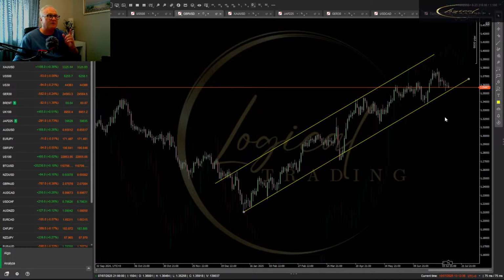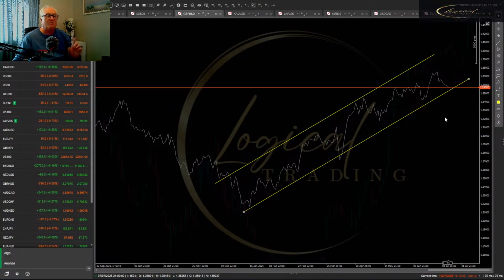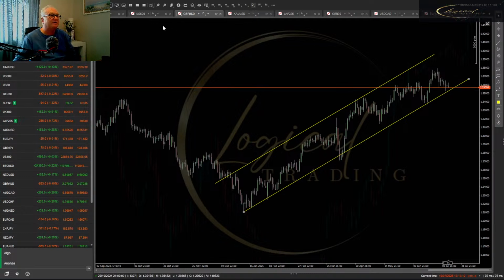But while we're on the day chart, we'll put it to a line chart and see if we've got anything here that gives us a bit of support, a nice support level for a bit of confluence. There's not really a lot here. The support's quite far away down the bottom here. It's not much higher up, and it's broken through the resistance, so it's above the resistance. So I'm not going to bother with that on the day chart.